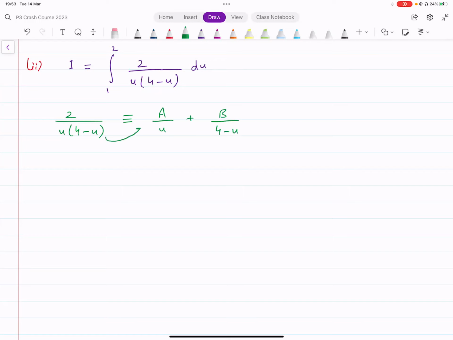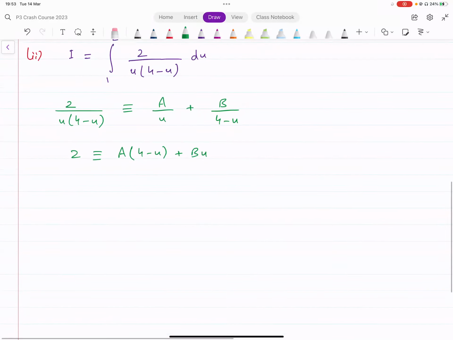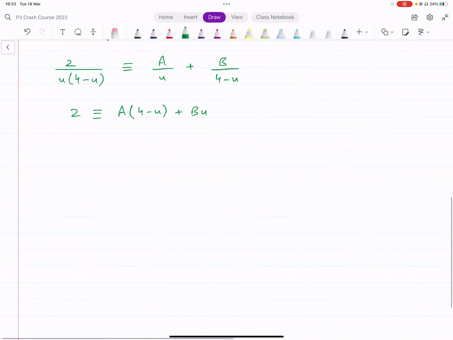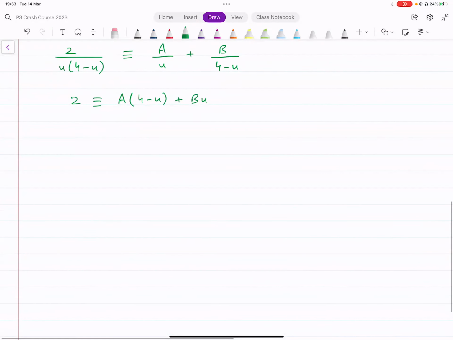Multiply this denominator on the left side and the right side, and that gives you 2 identical to a into 4 minus u plus b into u. Now you input some specific values of u here. In order to make this 0, you could input u equal to 4.